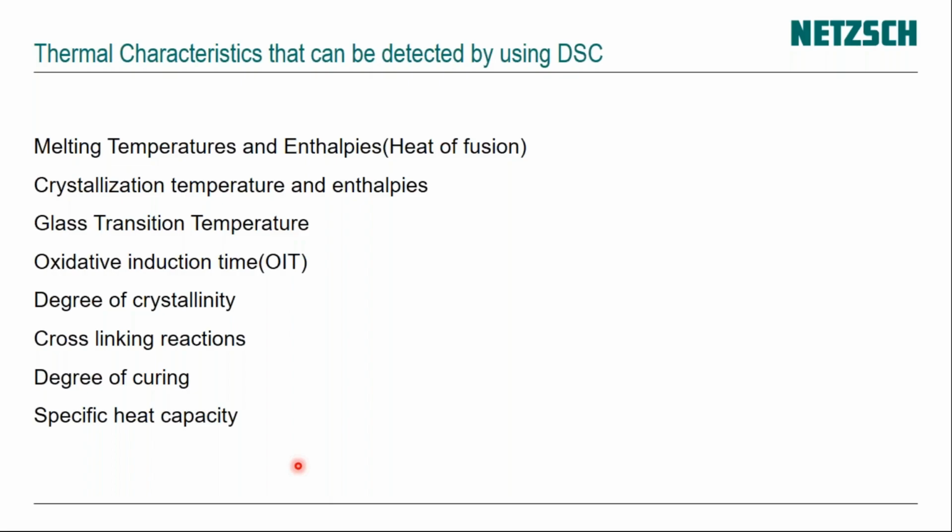We also do the OIT studies, which I will show you in the coming slide, in which you study the stability of a material, mainly for the telecom industries. I'll show you a slide on that in the coming slides. Degree of crystallinity. Then we have the cross-linking reactions, degree of curing, and specific heat capacity. These are some of the characteristics that can be detected by using a DSC.